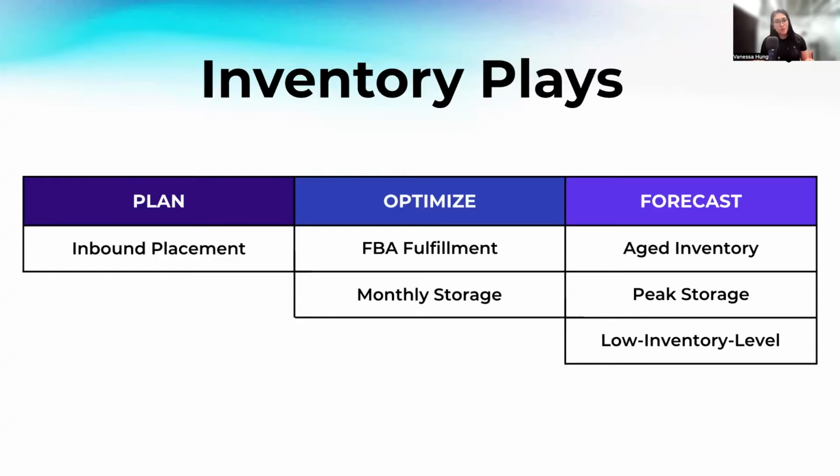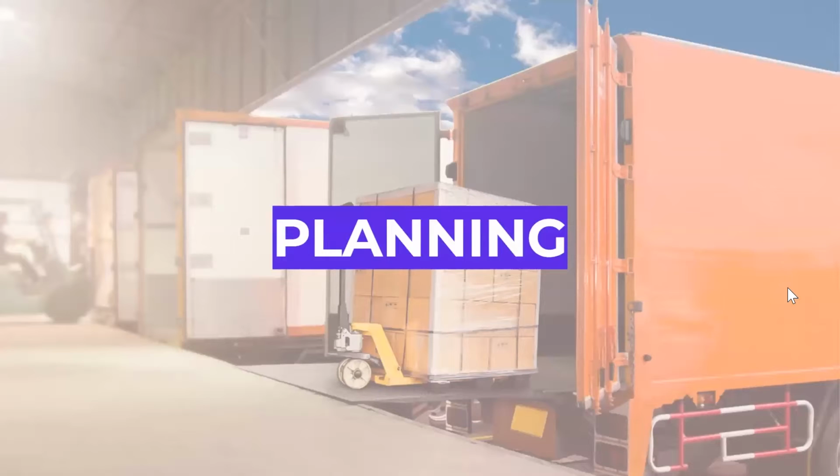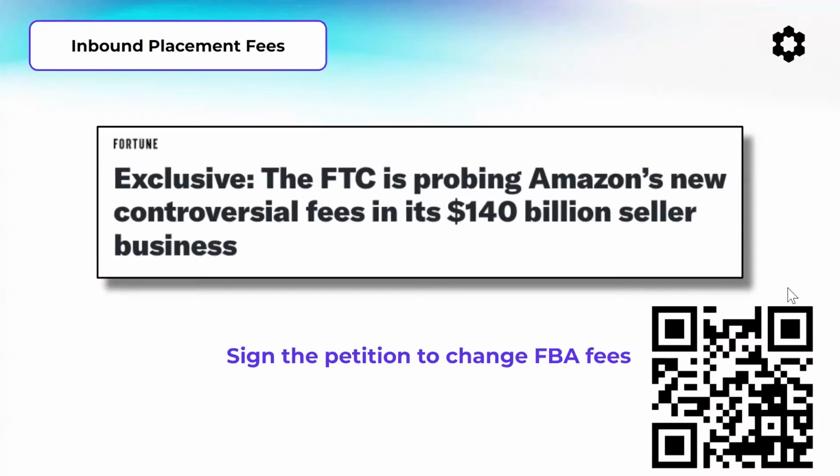For the plan, we plan for inbound placement. For optimize, we do optimization on the FBA fulfillment and the monthly storage. And to forecast, we do aged inventory, peak storage, and low inventory fee. So this is the agenda of this workshop today. We're going to go over all of this in that specific order, because we first need to plan, then optimize, then forecast. So let's talk about planning.